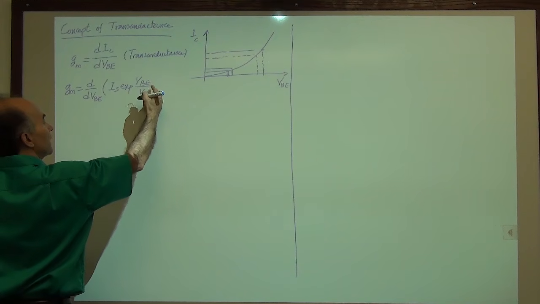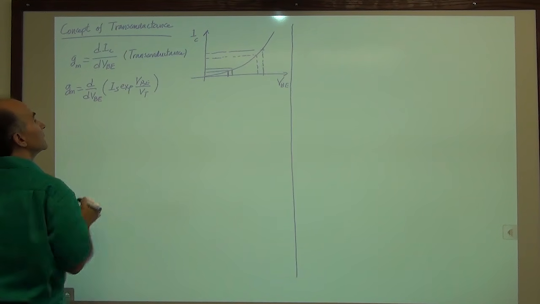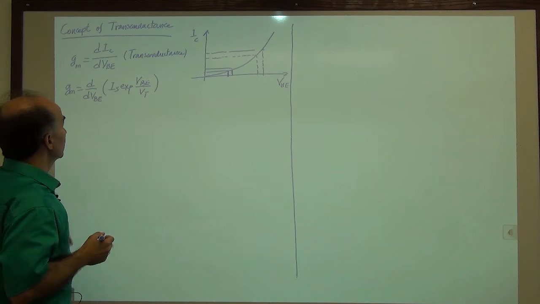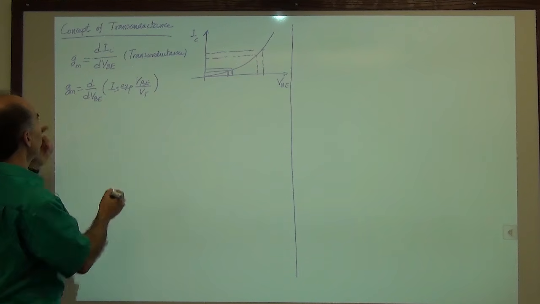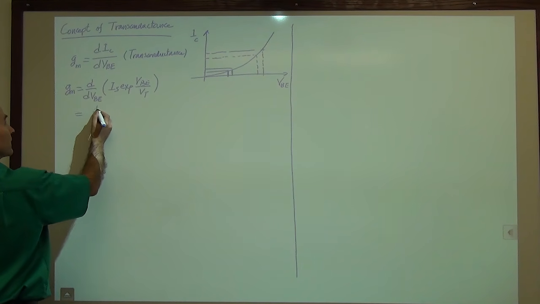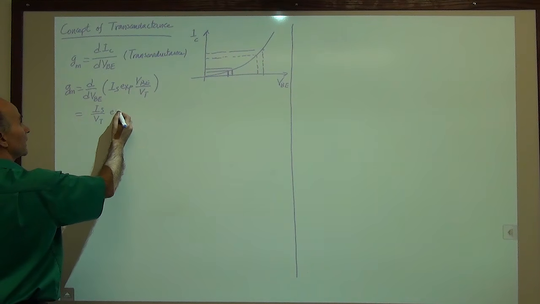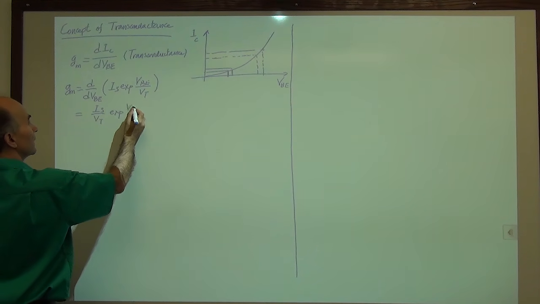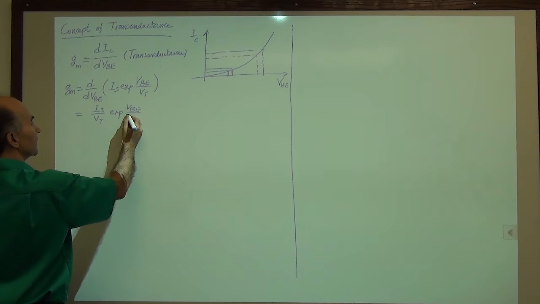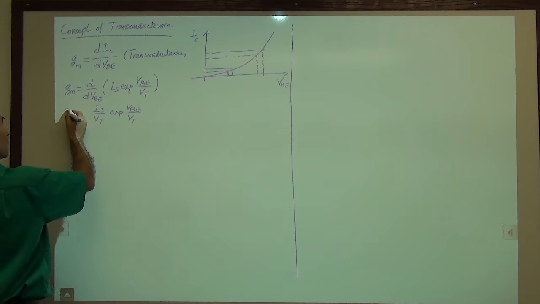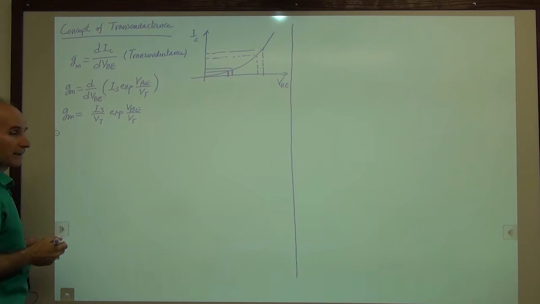I'm dropping that -1 here. The derivative of this is just 1 over VT, so that's easy. We get IS over VT times exponent VBE over VT. That's an equation you can always remember for the transconductance.